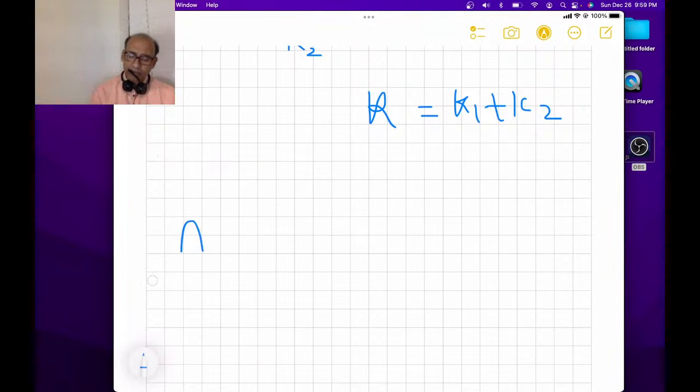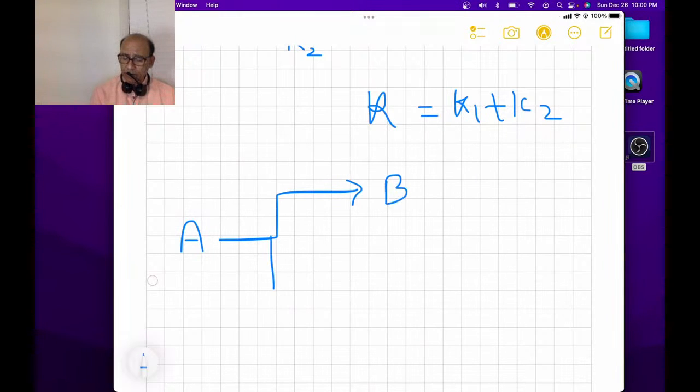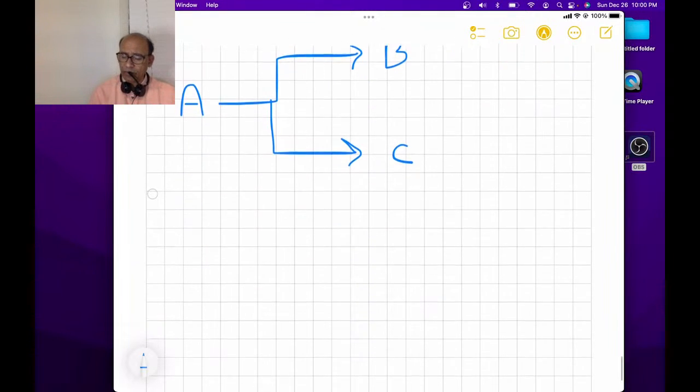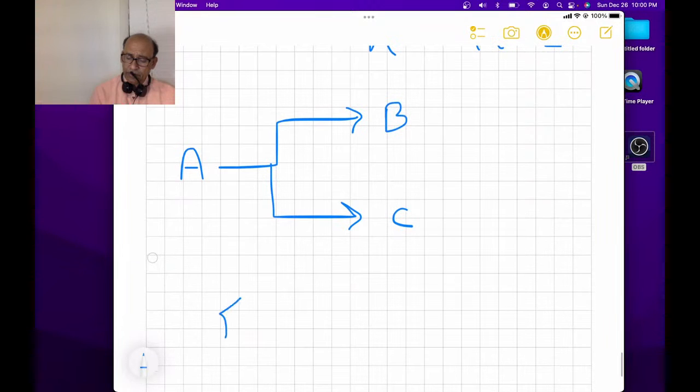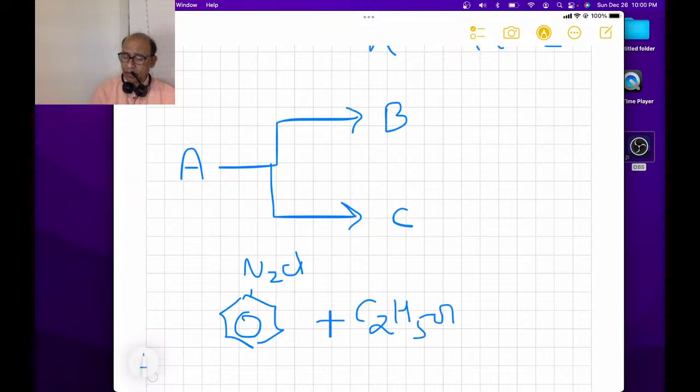Also notice, if a reaction proceeds in two parallel ways, A to B, A to C, if there are two parallel routes in which a reaction can proceed, many reactions can happen in this way. For example, if you have benzene diazonium chloride reacting with ethyl alcohol, can you guess what are the products, sir?